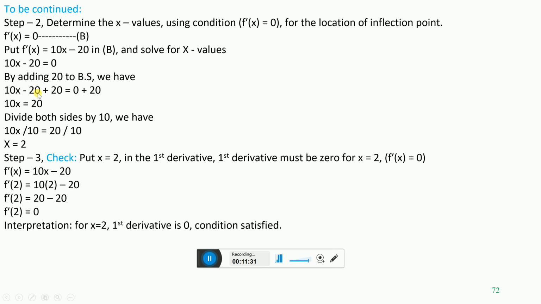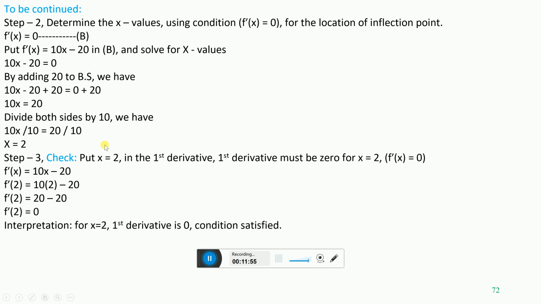We have 10x minus 20 plus 20 is equal to 0 plus 20. Minus 20 plus 20 cancel out. 10x is equal to 20. To find x, divide both sides by 10. We have 10x over 10 is equal to 20 over 10, and 10 cancels out with 10. x is equal to 2, because 20 by 10 is equal to 2.